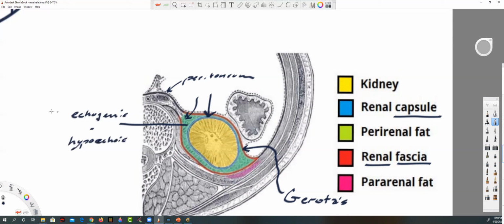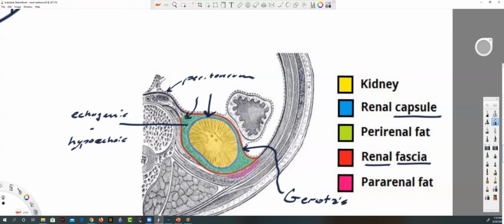And that sometimes has to do with body habitus. Sometimes may have to do even with disease state.